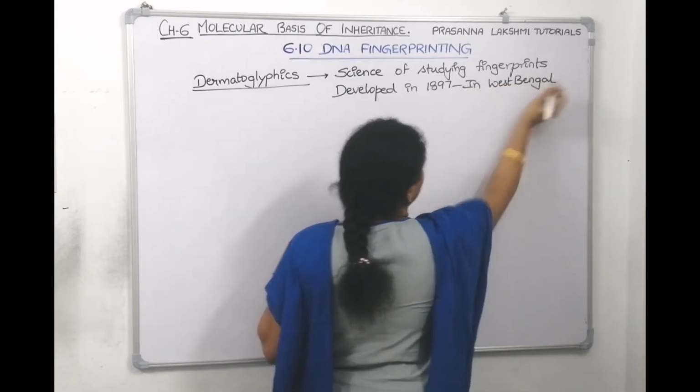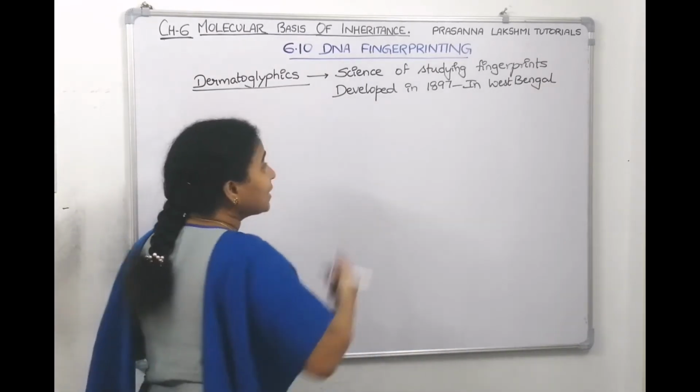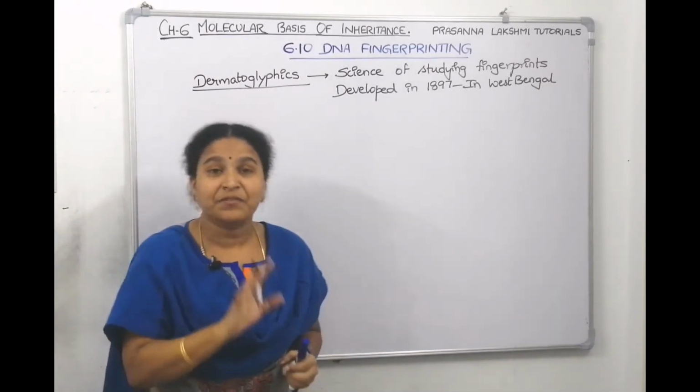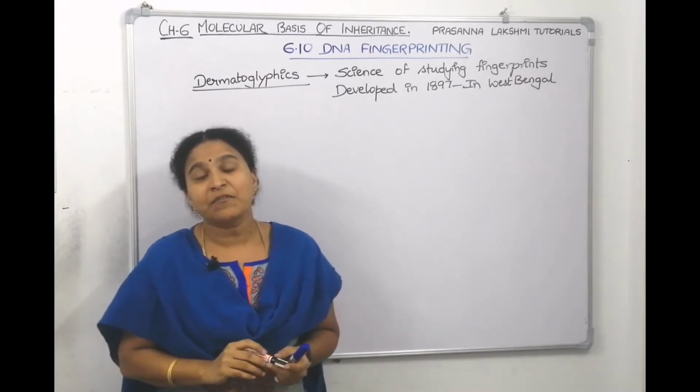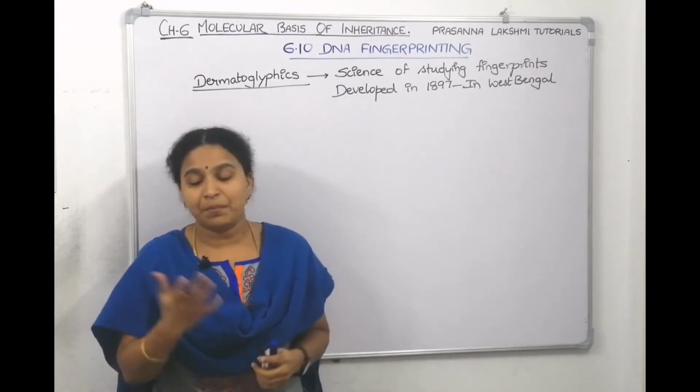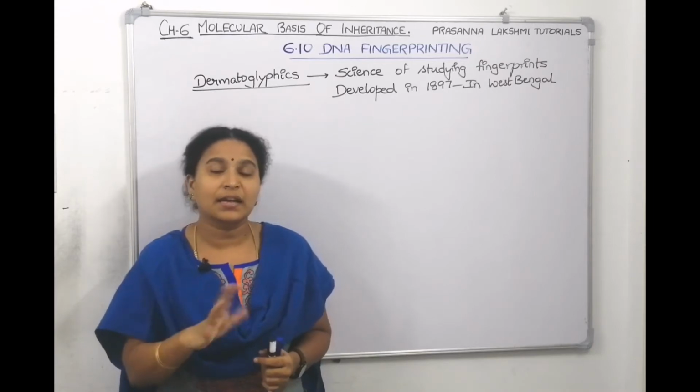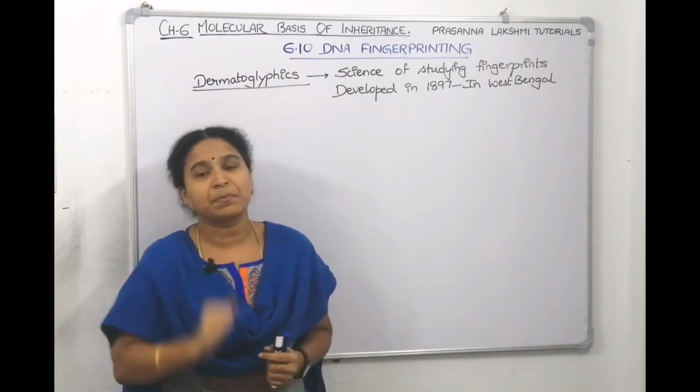It was developed for criminal investigation. If you want to identify criminals, this technique helps us because they leave their fingerprints here and there. With that, we can trace out the person.